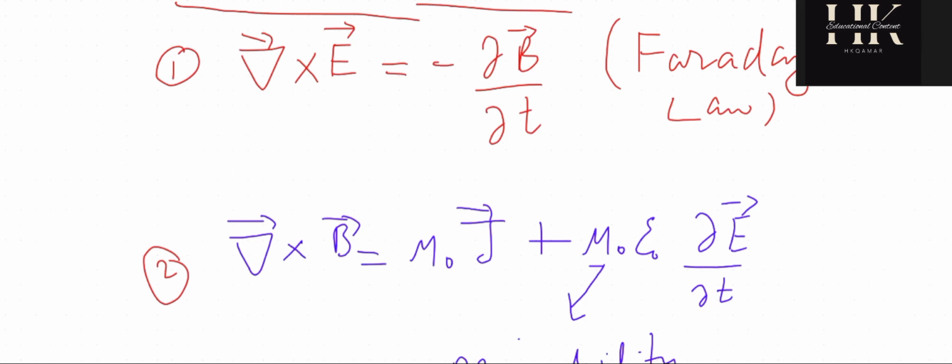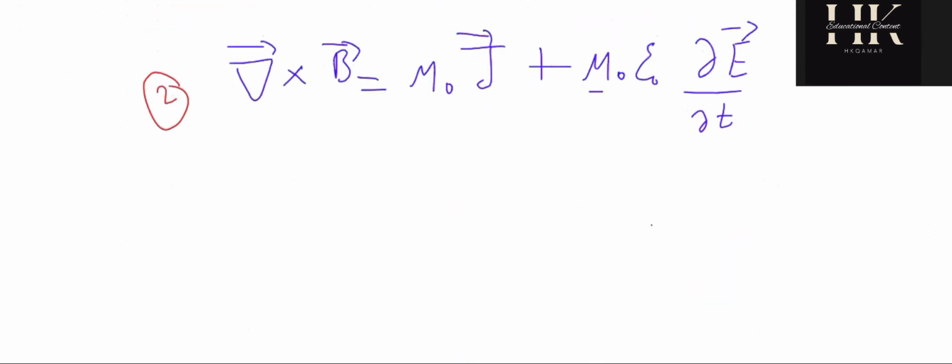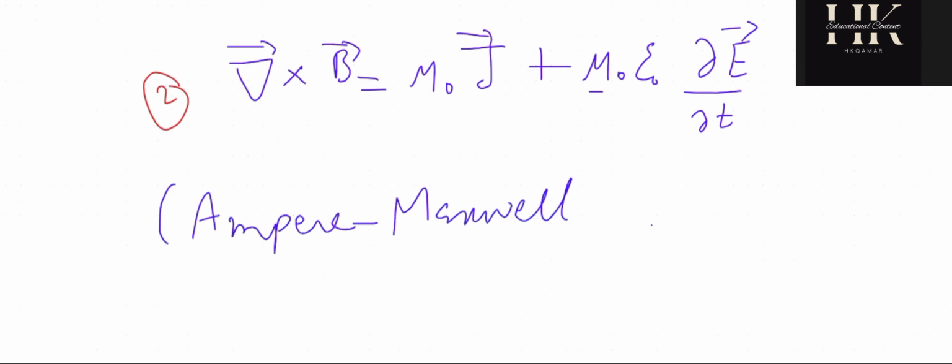This second equation is known as Ampere-Maxwell law. It means that currents and time-varying electric field produce a magnetic field.